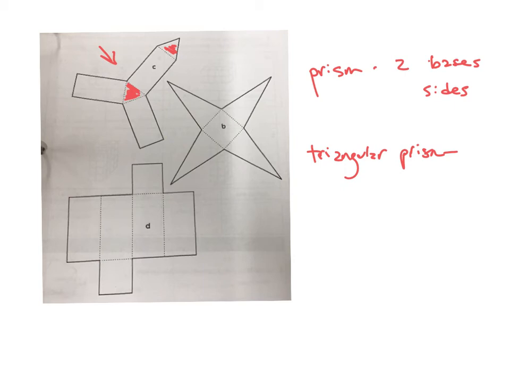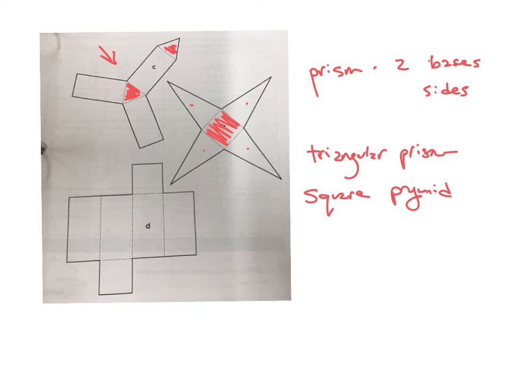Now B is different, right? We've got a rectangular pyramid, or a square pyramid, sorry, because we have a square as the base, but it ends up being a pyramid because it's got those triangles that are going to come to a point at the top.